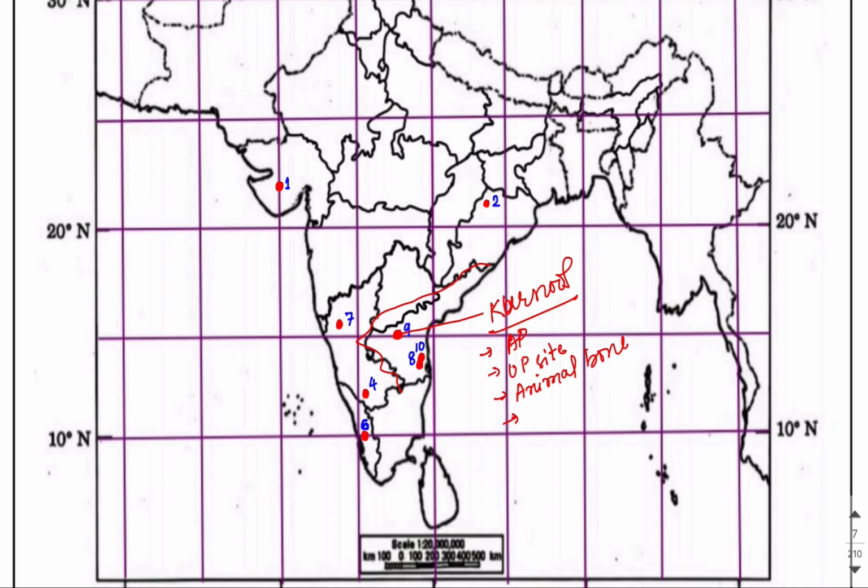And apart from all that, you can say that funeral remains have been found in large numbers. So the bones and the skeletons are found in large numbers due to the funeral structures, like pyre structures where the dead bodies are laid, right? These are found in large numbers. So that was all about Kurnool.